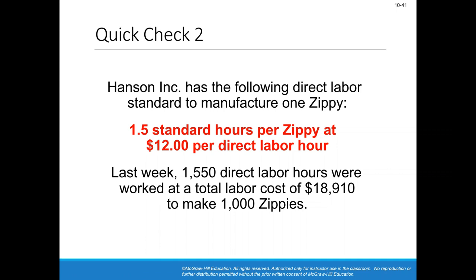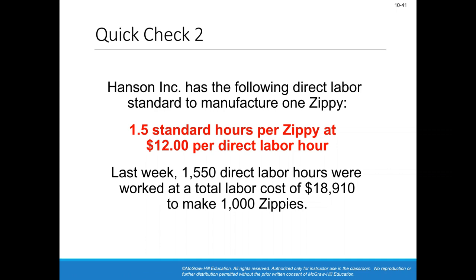So we're going to have an unfavorable labor rate variance of 20 cents, and we multiply that by the actual hours. And so that should be a $310 unfavorable labor rate variance.